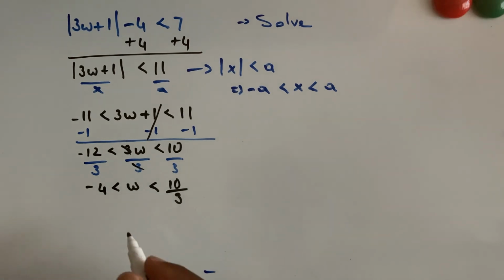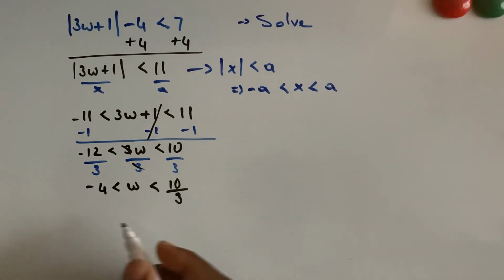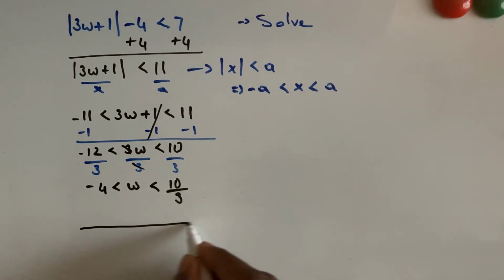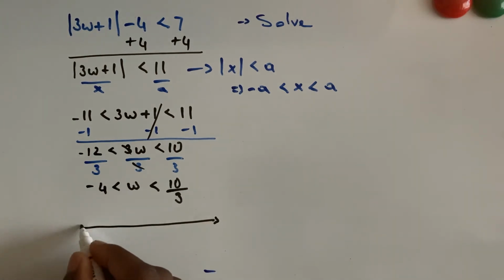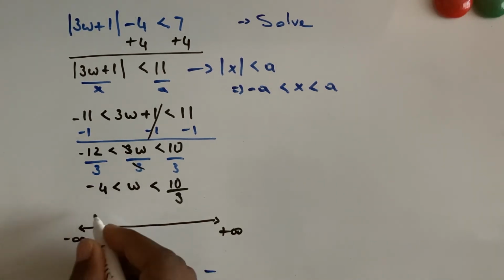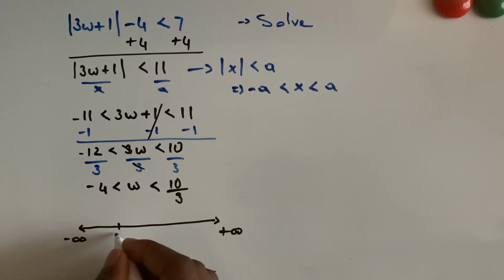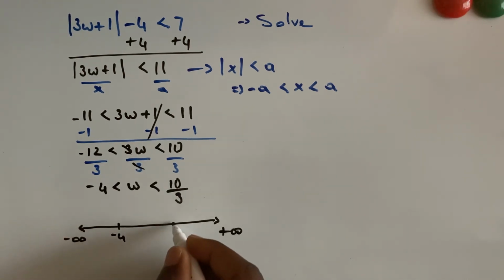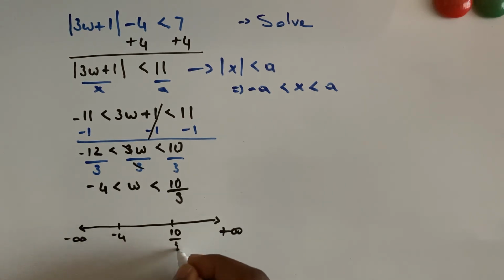So now, again, if you want, you can use the number line, or you can just go ahead and write the solution. But it's easier to put the number line so you can actually see and pick the solution correctly. Okay, so the two values you have on the left here, it's negative 4. On the right here, 10 over 3.